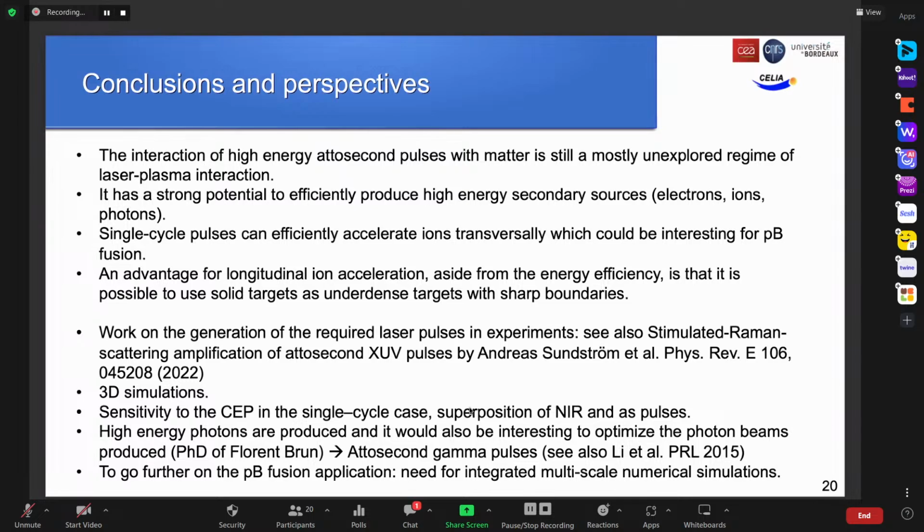We're going to go on the simulation side to 3D simulations. There are things that are not realistic or that we need to be careful about in our simulations. That's the question I mentioned about the superposition of the near infrared pulse with the attosecond pulse in most of the setups I presented to produce attosecond pulses. There is sensitivity to the CEP.